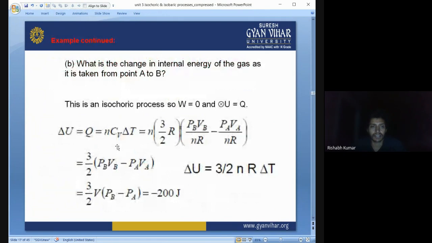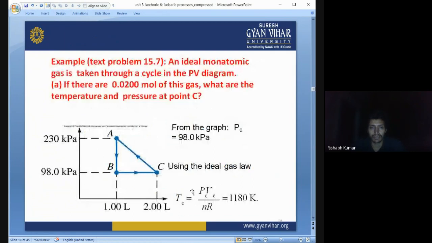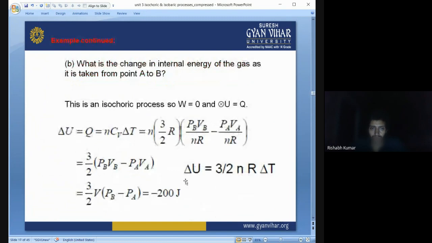And delta T we can find out from this formula. T at point B and T at A we can find out using this formula. So substituting these values, we get the change in internal energy, that is minus 200 joule.